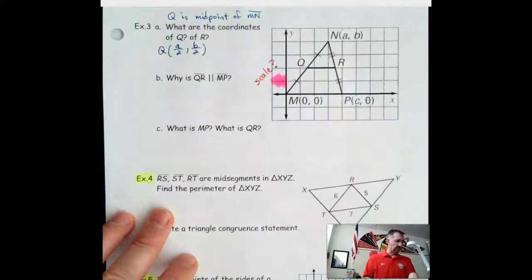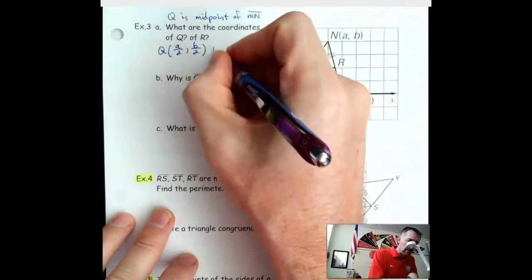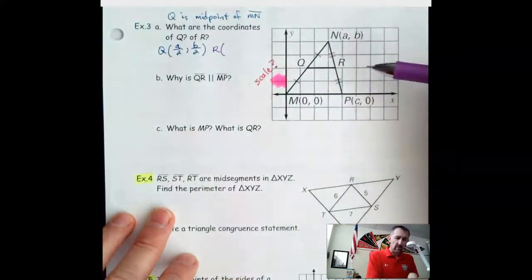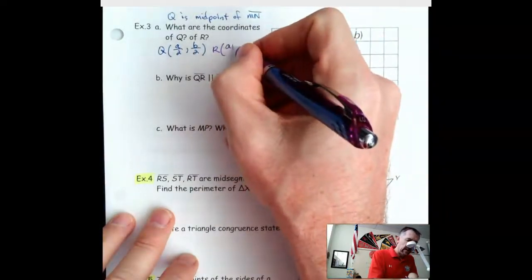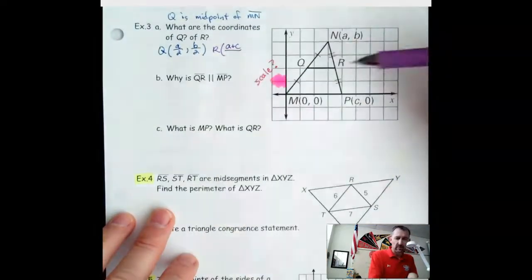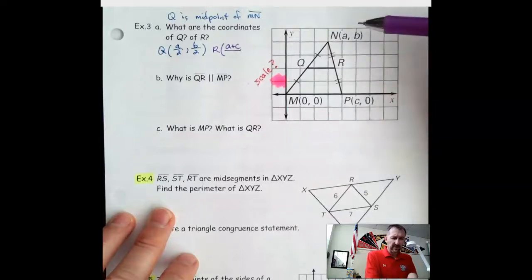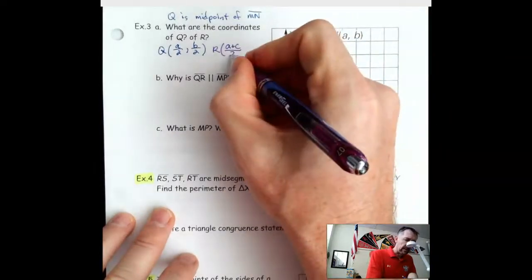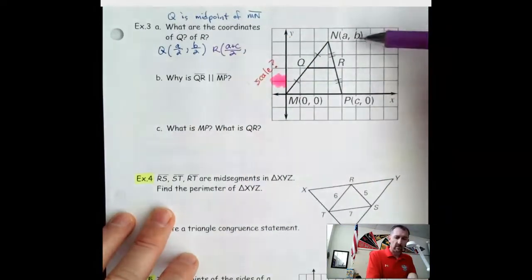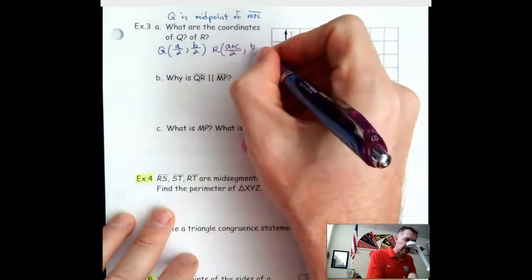So those are the coordinates of Q. And then we were asked to find the coordinates of R. So that's going to be, again, still, midpoint, average. And I know it's a midpoint because of these markings on here. The average of the x's, so a plus c divided by 2. And the y coordinates, b plus 0 divided by 2.